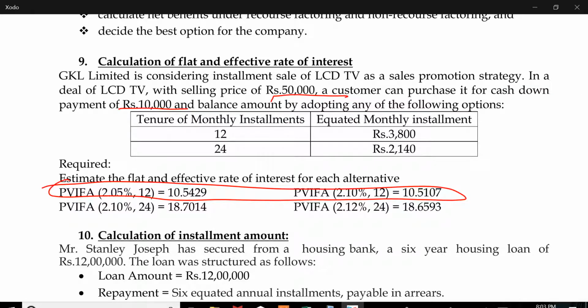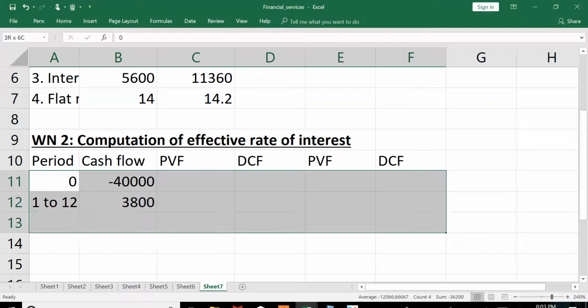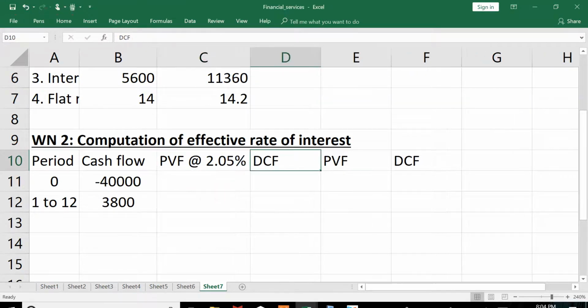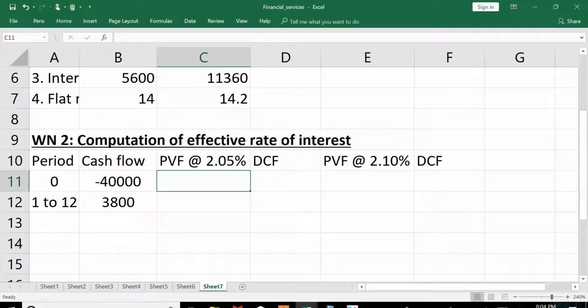Period 0 is 40,000, and 1 to 12 is 3,800. This will be at 2.05%. This is 2.05% for a single month, not for a year. And the second one will be at 2.10%. PVF at 2.05% and at 2.10%.